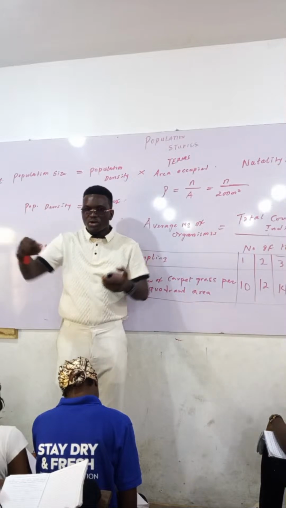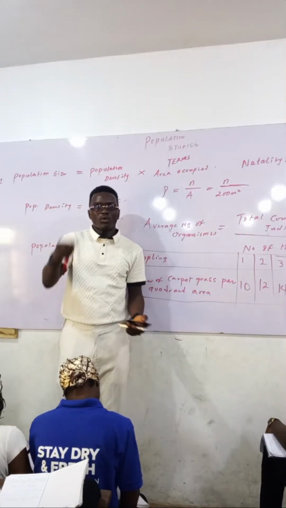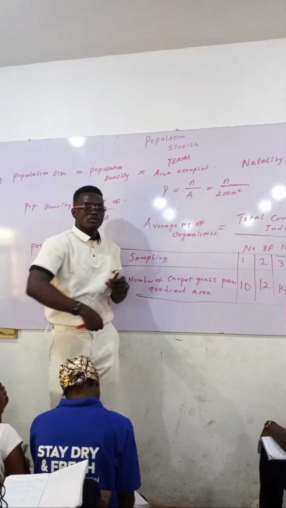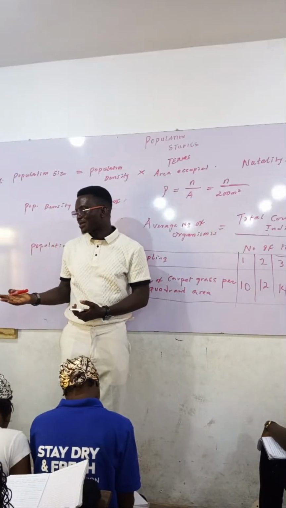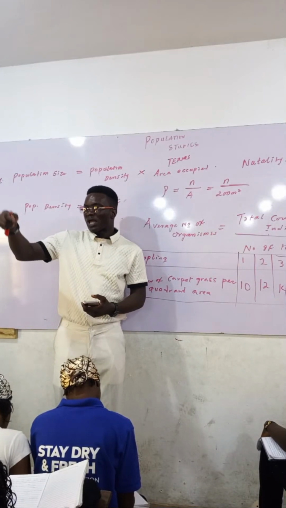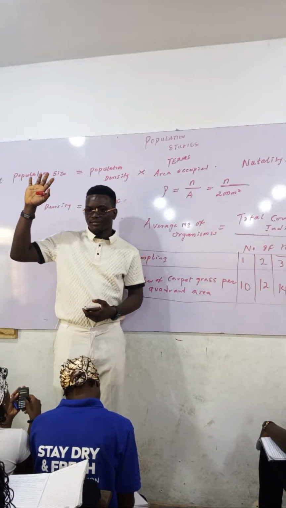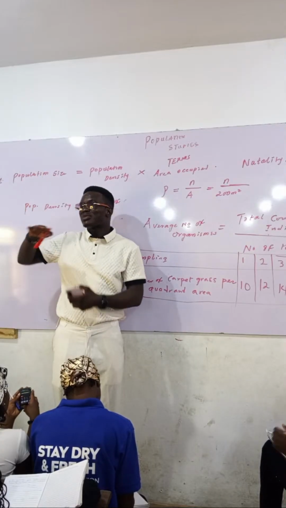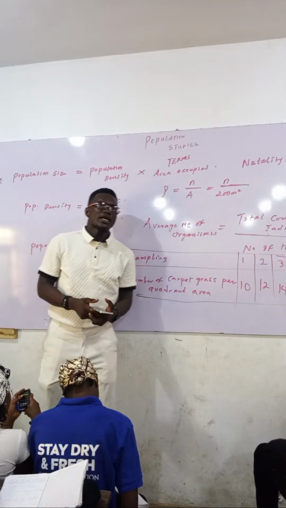You know the quadrant is 1 meter square, not for everything. So for 1 meter square, when we throw, there's a particular area. When we throw again, there's a particular area. How many times did we throw it? 10 times. So that means we have only covered 1 meter square 10 times, which means we have only covered 10 meters square, not everything. Let's get the first answer.